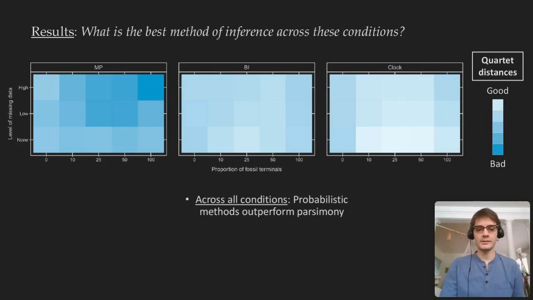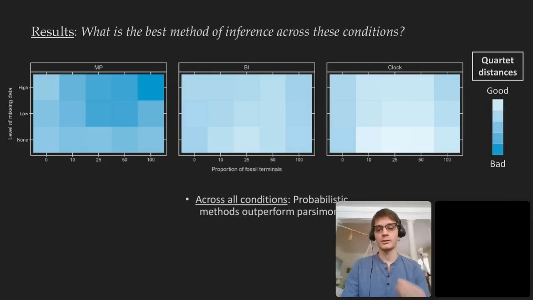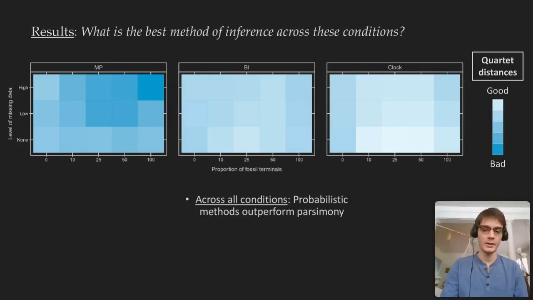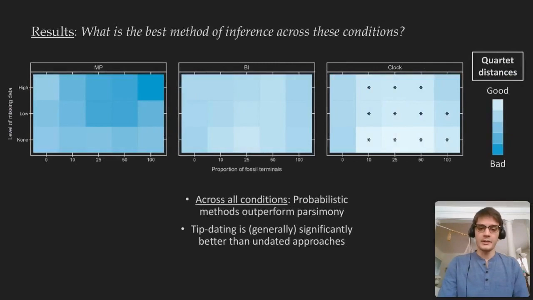And so you can clearly see that across all the conditions that we explored, probabilistic methods outperform parsimony. They find trees that are more similar to the true ones. Tip dating in general is significantly better than undated Bayesian approaches, specifically in all the conditions here marked with asterisks.